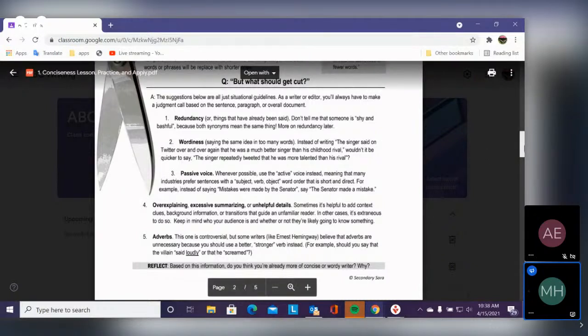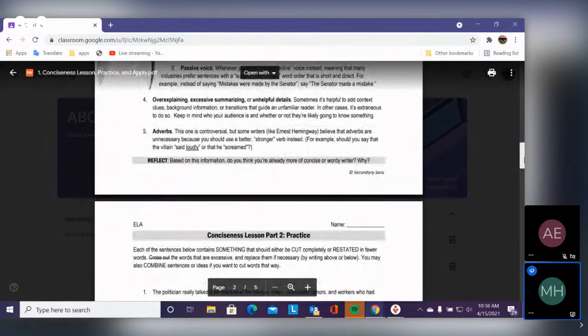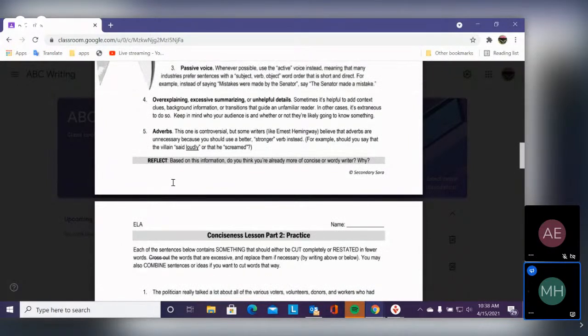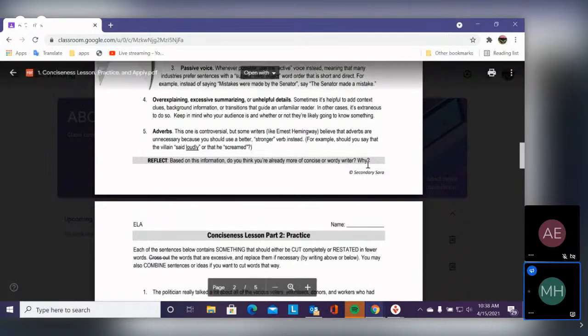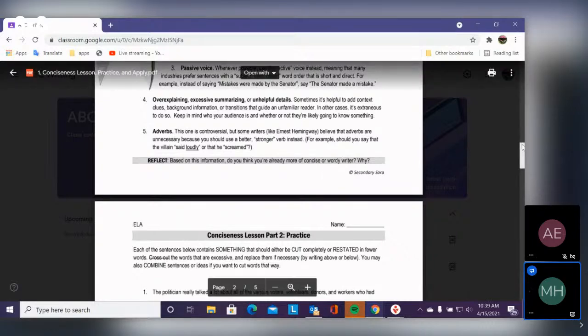You just get to the point and make it impactful. This is what's important, that you make your writing impactful, that what you intend to say comes across. So based on this information, do you think you're already more concise or wordy as a writer? And why do you believe that?